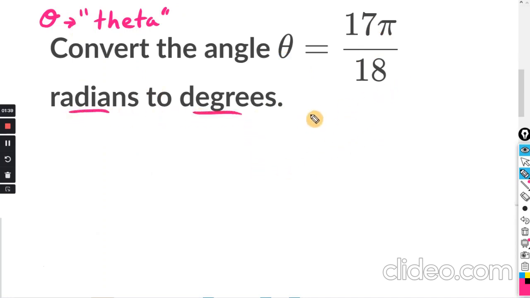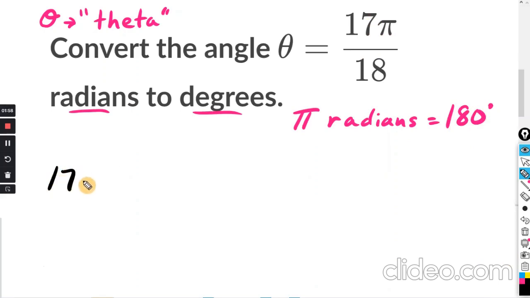Okay, we said a minute ago that pi radians equals 180 degrees. All right, so let's write the starting number first. We have 17 pi divided by 18.